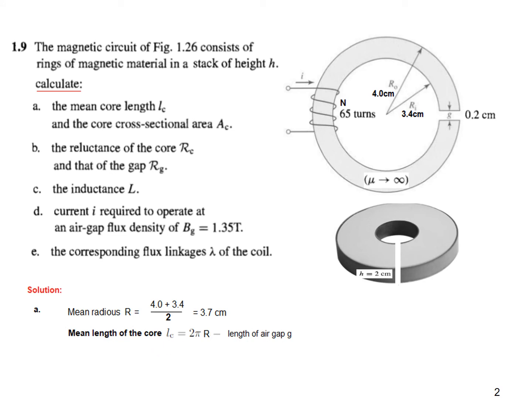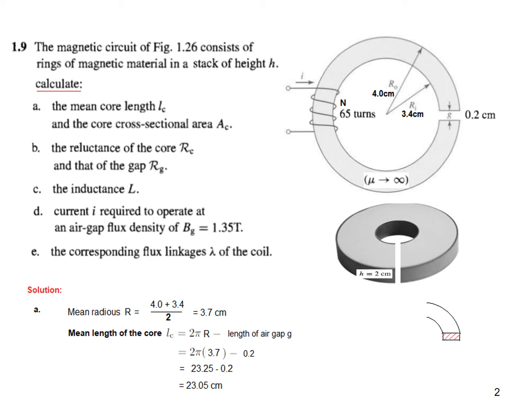So core length is 2 pi r, the total core length, but from there we have to subtract this 0.2, that is the length of the air gap. Putting the values, 2 pi times 3.7 minus 0.2, we get an answer of 23.05 centimeter. This is the mean core length.